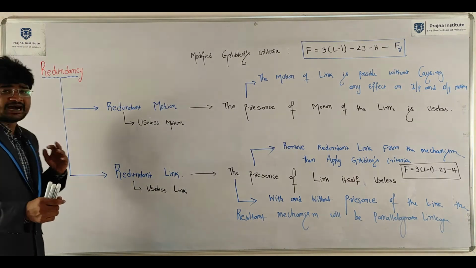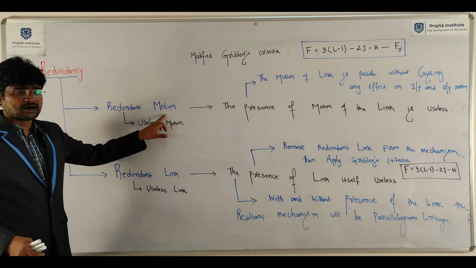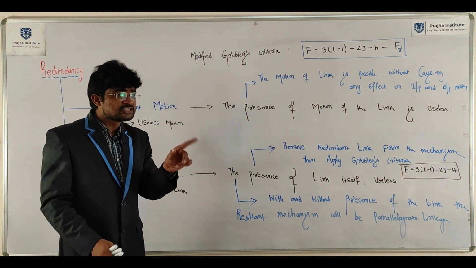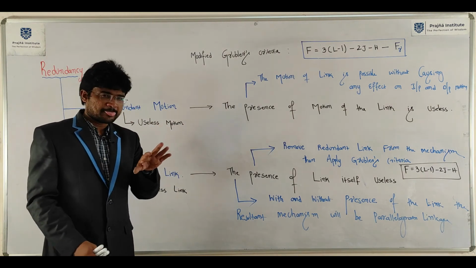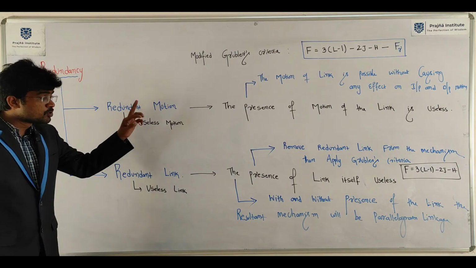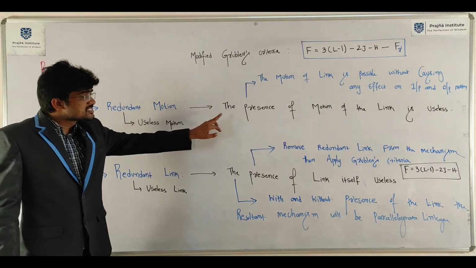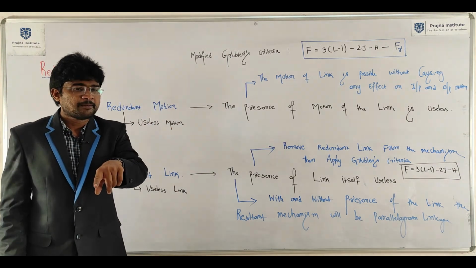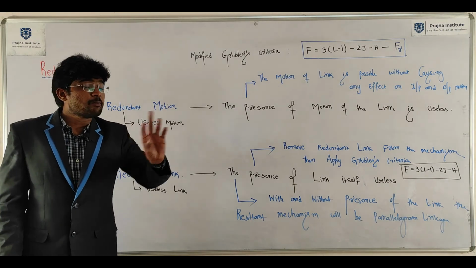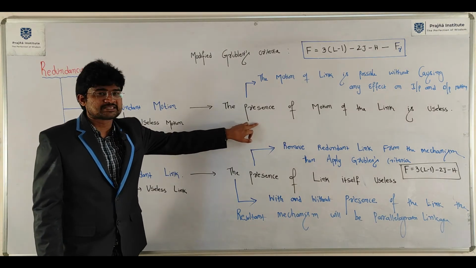What is meant here? Redundant motion case. Presence of the link is useless. Sorry. In redundant motion case, presence of the link is useful, but presence of motion of the link is useless.